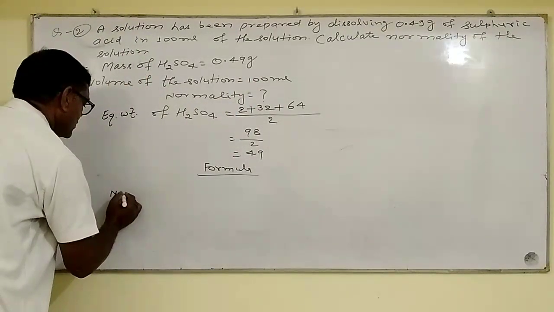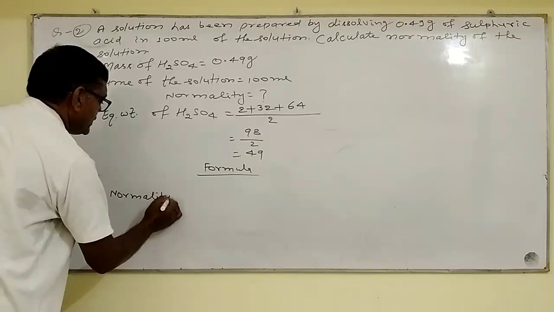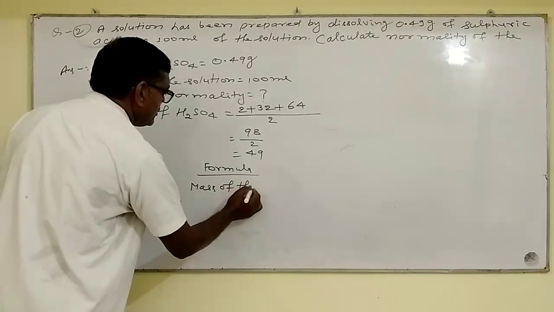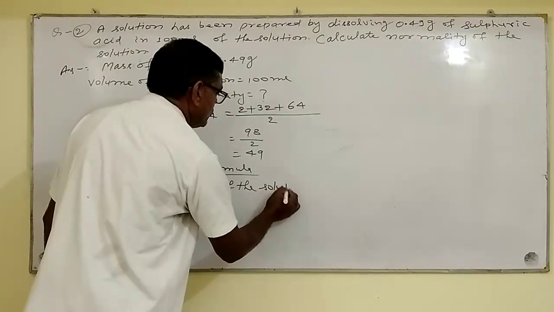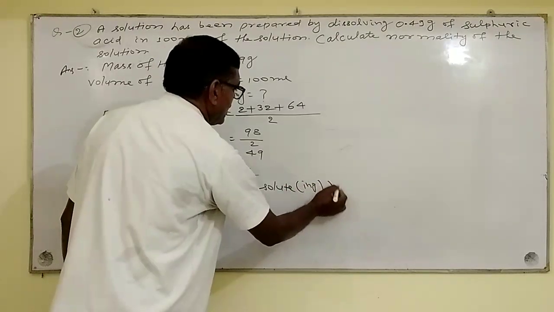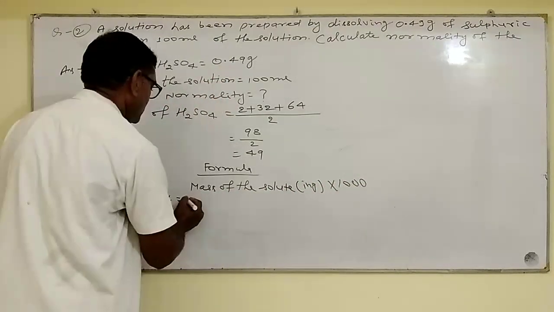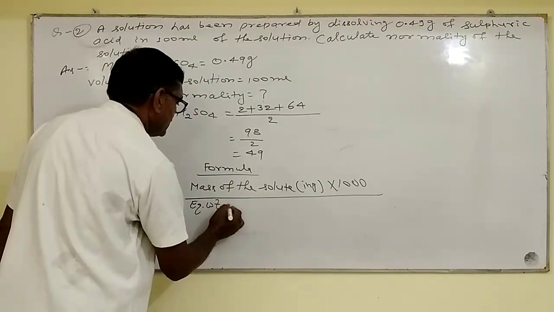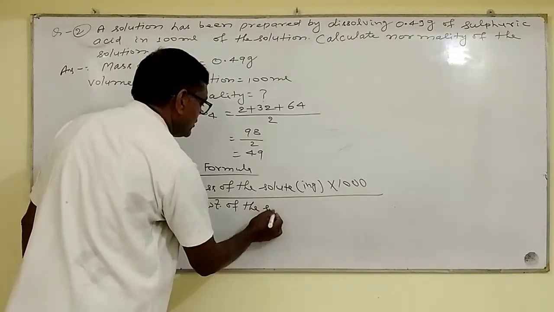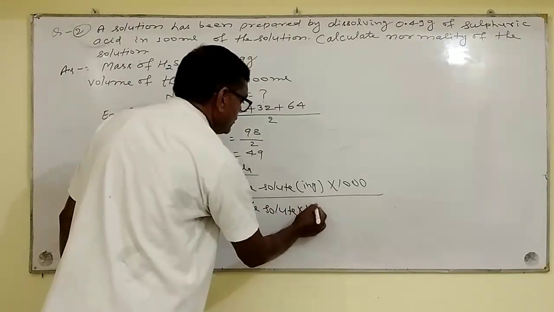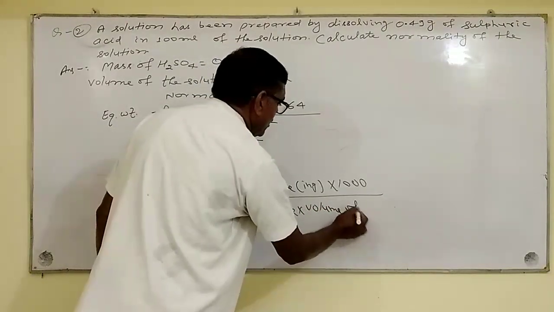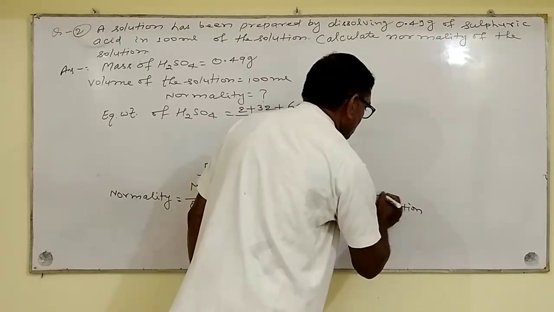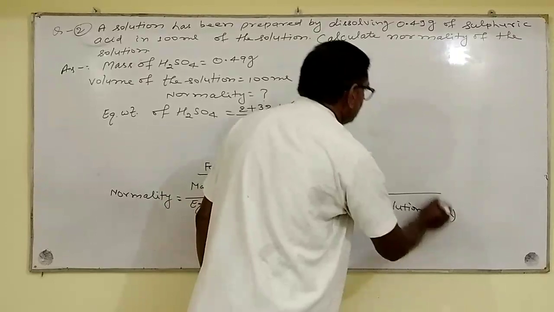We write normality is equal to mass of the solute in gram into 1000 upon equivalent weight of the solute into volume of the solution in ml.